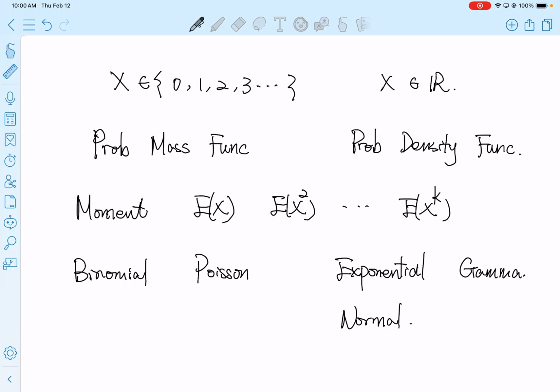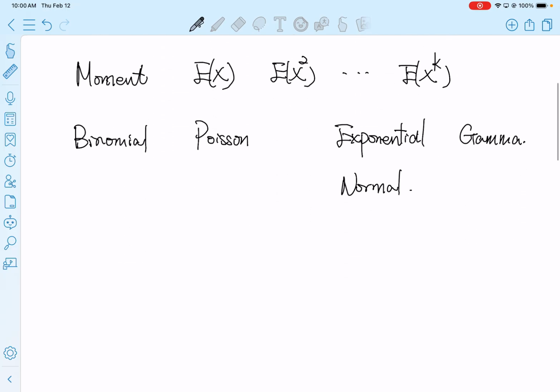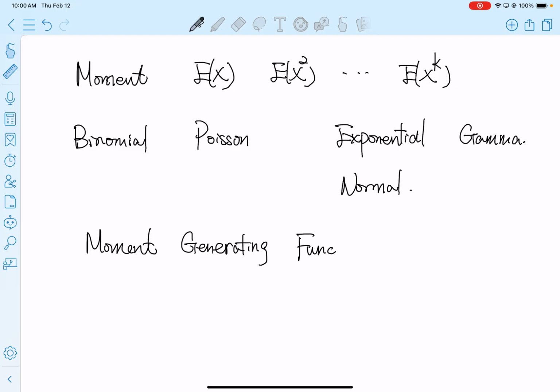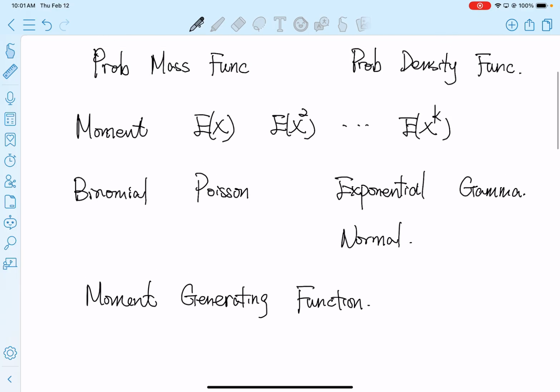And then besides using the definition of the expectation, we also introduced the idea of the moment generating function. These are just some other functions that can generate the moments. Okay, so it's just another way to calculate all these things.